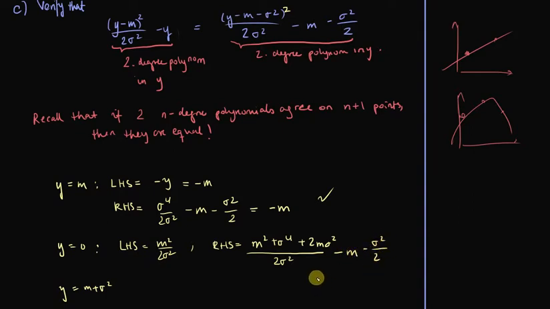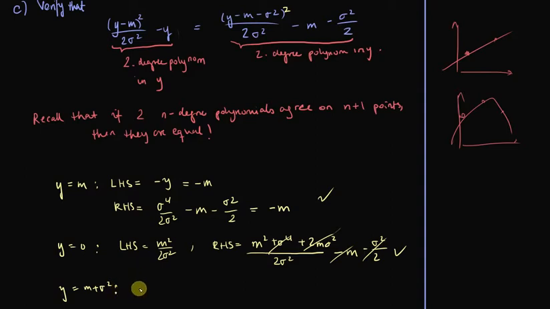And what you now see is that the plus 2m sigma squared divided by 2 sigma squared cancels out with the minus m, and this term cancels out with this term. So on both sides, you have m squared divided by 2 sigma squared. Yay!